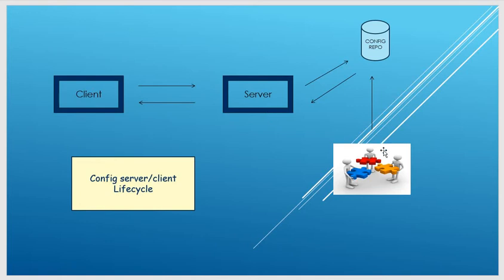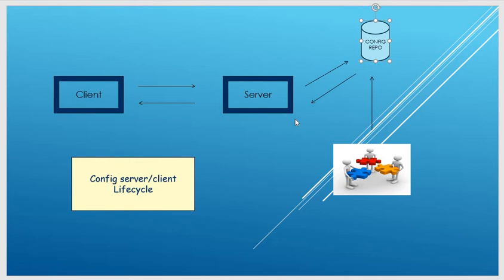And if you need to change anything, you just change it on your config repository, commit and push it, and now your server will get it. But here is one question: how will the server get it? As I already explained, it loads the configuration properties at startup, but how will it get the change?